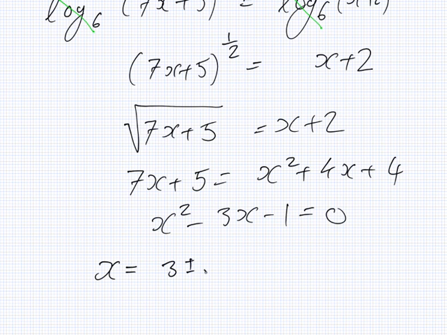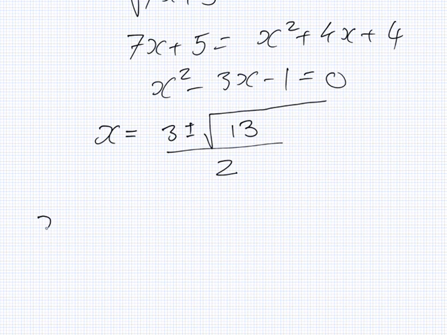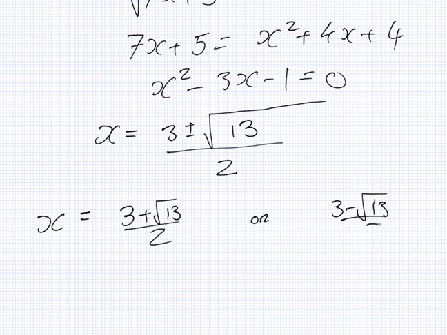Yeah, no, it's a decimal. So it's minus b plus or minus the square root of b squared minus 4ac all over 2a. So you get two answers: 3 plus root 13 over 2 or 3 minus root 13 over 2.